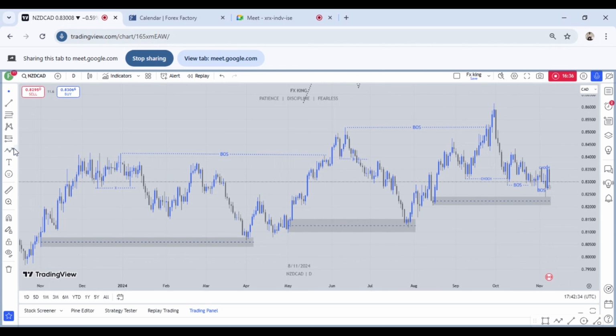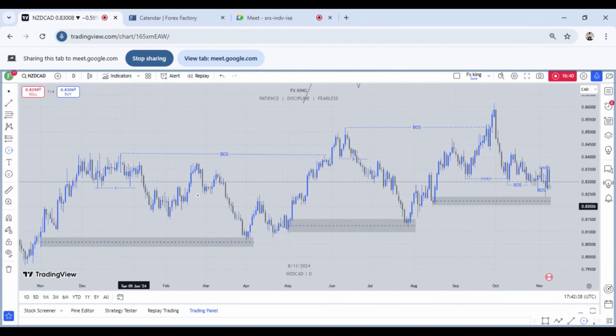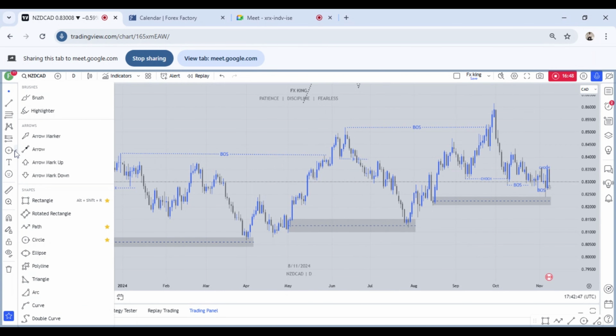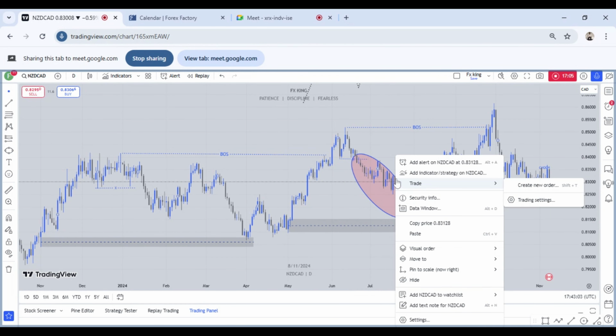Now, let me just map it out. Looking at this zone here, right? Sorry, this tool is terrible. Let me look for a different tool that I can shape the way I want. Now, looking at this zone here, and it's not just this zone.